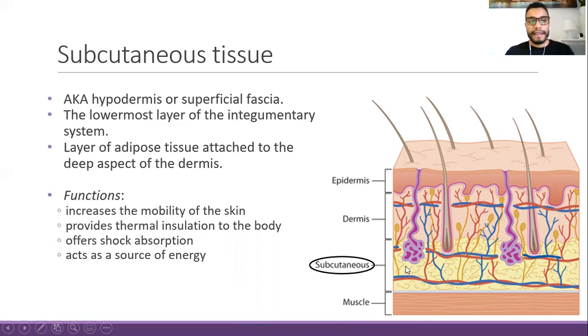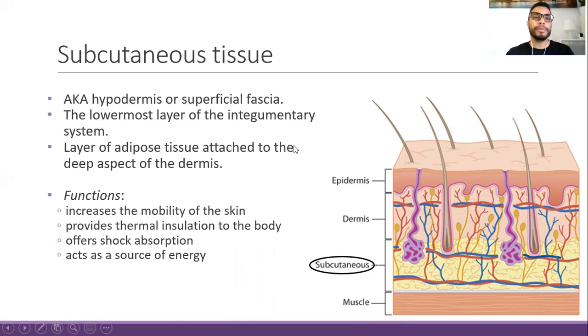The functions of this layer are to increase the mobility of the skin. It provides thermal insulation to the body. It offers shock absorption and also can offer a source of energy to the body, because in the adipose tissue we have storage of energy, if needed.